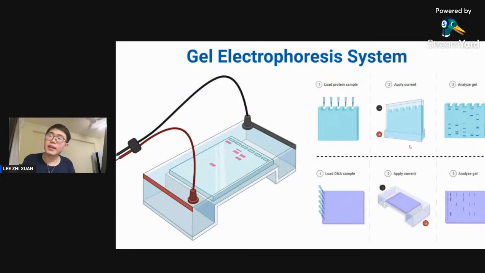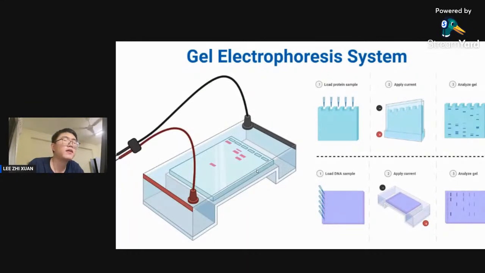The next technique is about the gel electrophoresis system. Okay, so gel electrophoresis, unfortunately, you do not have the opportunity to carry out this experiment. You will carry out this experiment after you enter university, if you study biology.